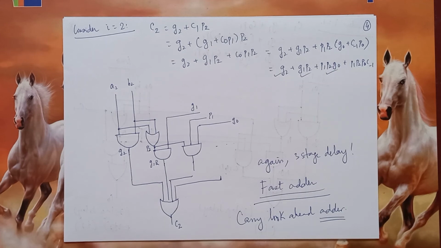This is not the most simple solution, but the number of delay stages is less. So therefore it is a faster circuit. In your digital design career, you may often come across circuits which look very complex but are faster, and circuits which look very simple but may be slower.